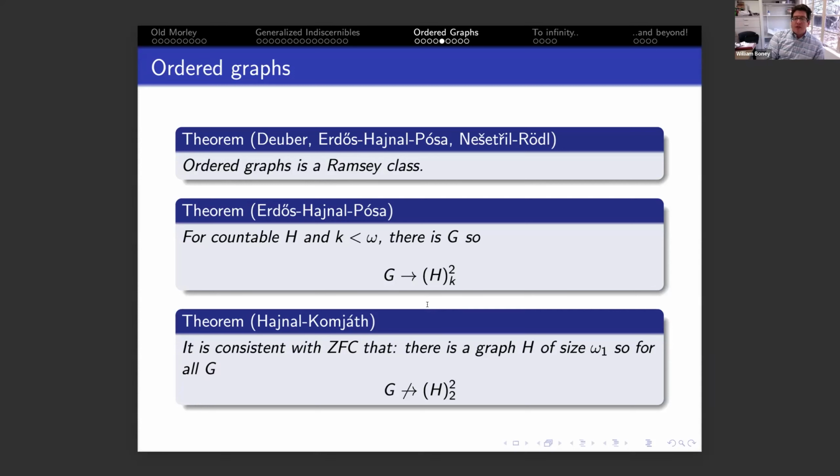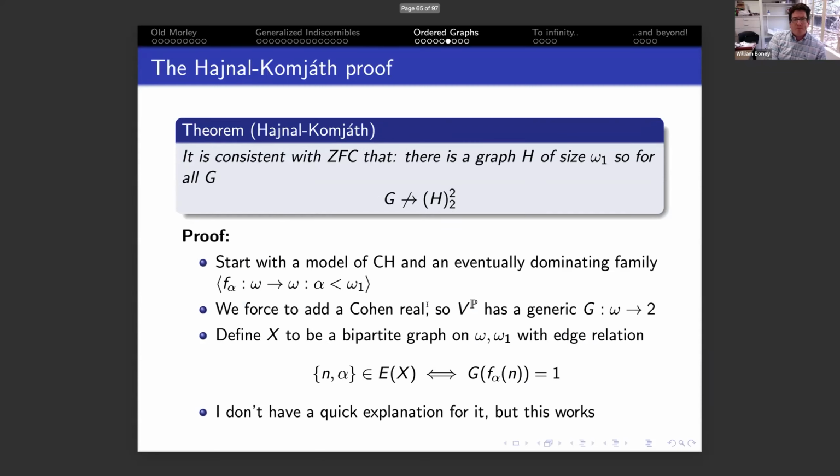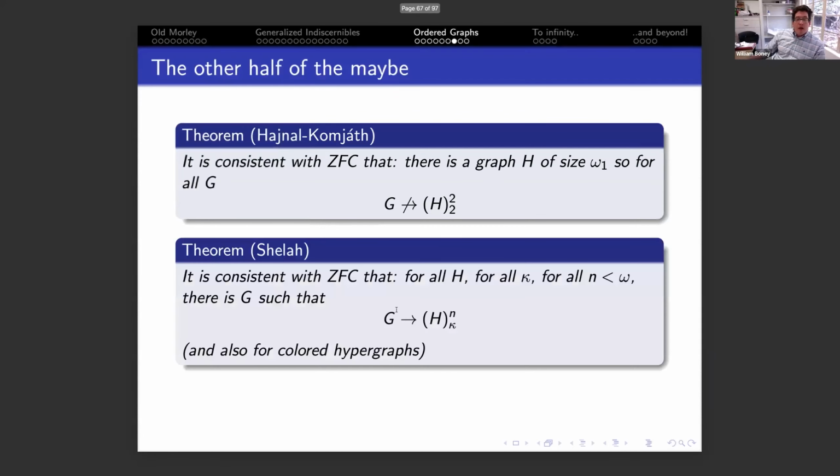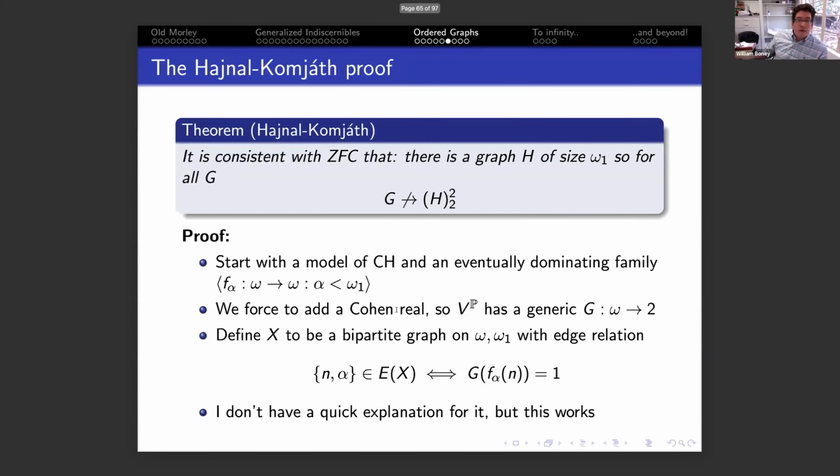That there's a graph of size omega 1 that never shows up as a homogeneous subset. Maybe I'll briefly talk about the proof, but basically you start with GCH and you add a Cohen real. And you build a bipartite graph built from this Cohen real and some eventually dominating family in the ground model.